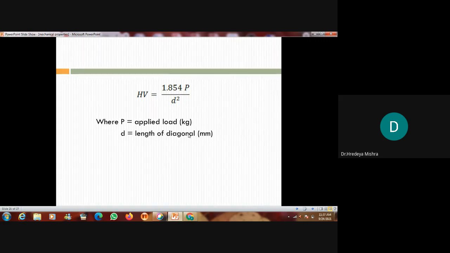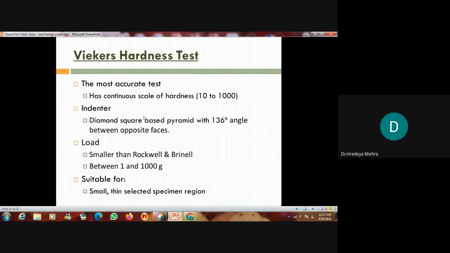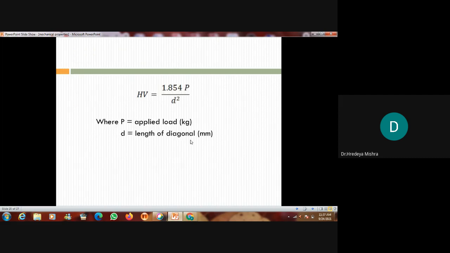The length of the diagonal, meaning the diagonal length of the pyramid.